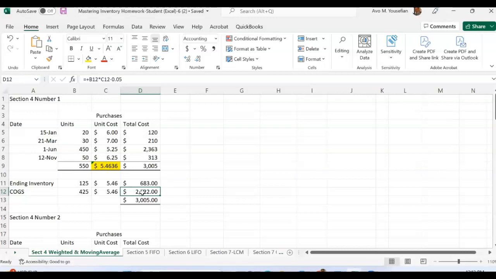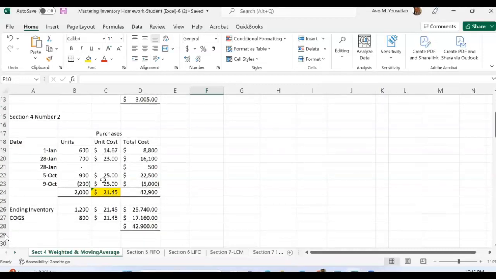But overall, this number should be technically 305 minus 2,322. Make sense? So let's continue on this. That was problem number 1, which I did show you the answers on the Word document. This is the Excel version of it.